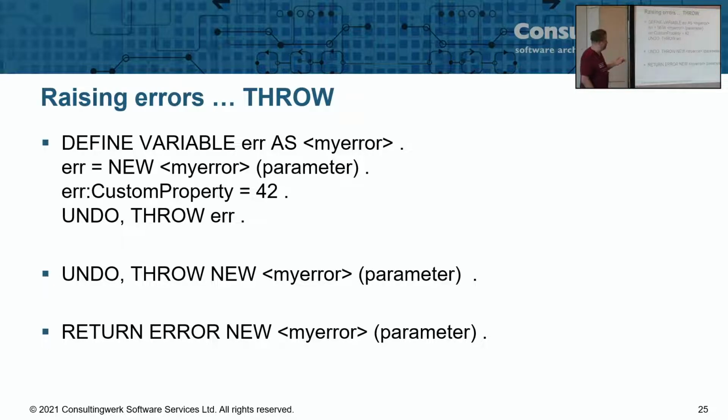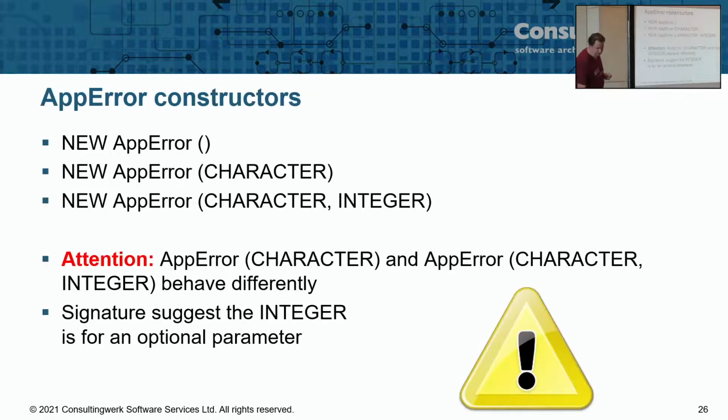Or, and that's more for the classic programmer, we use the return error, new error class name, and then in parentheses the constructor parameters. I don't think I ever use this one here. Because, well, it's easier to do it all consistently using the new syntax.